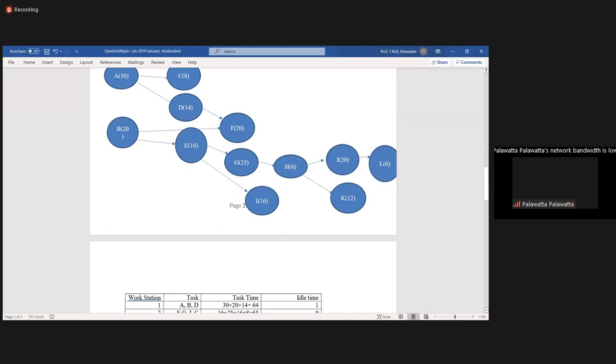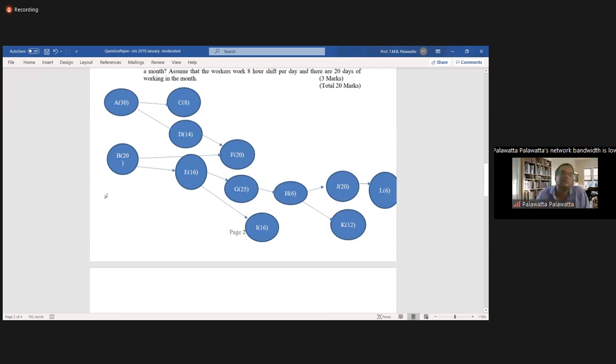So let's say you had created a workstation A, B, and F. A is 30, B is 20, F is 20, so you get cycle time 70.